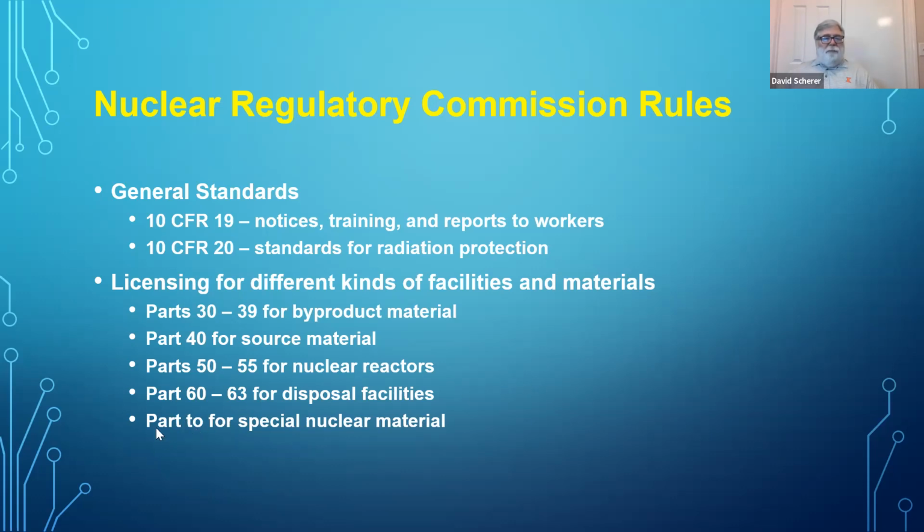This shouldn't say part 2 for special materials, it should say part 70. 70 deals with special nuclear materials. That's the way the regulations are structured. I will fix that typo before I post these.